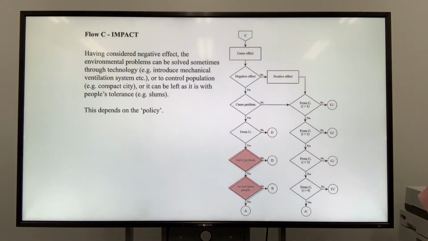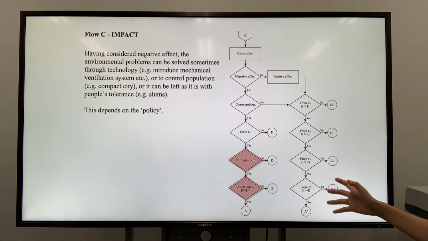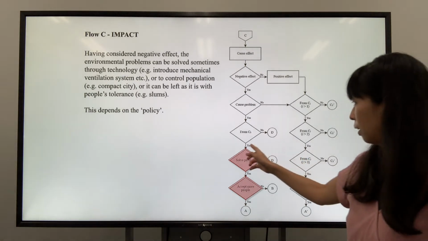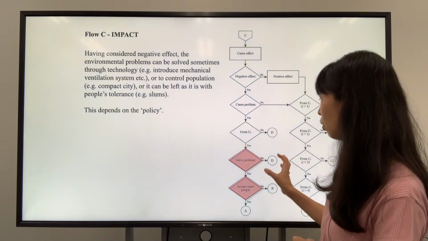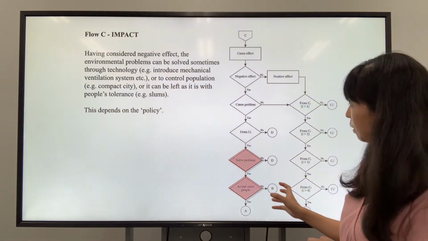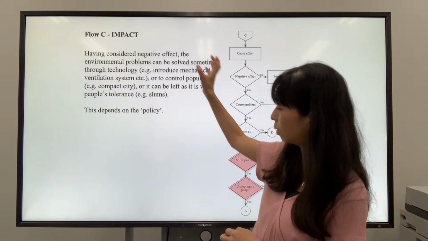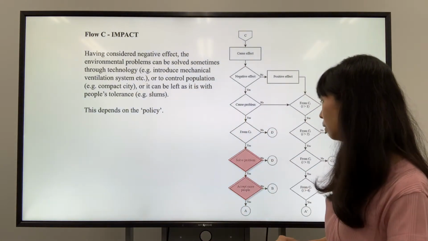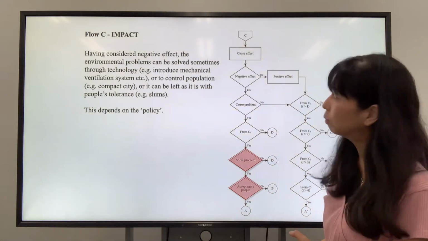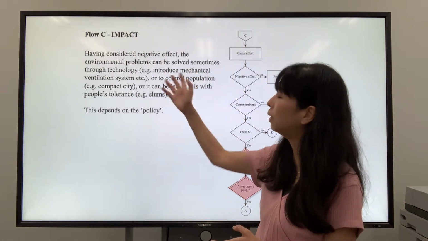So here what is showing in the flow charts, which has been highlighted here. So the solved problem is related to what I have just mentioned now. So if you want to really solve the issue, then there are many ways to do this.